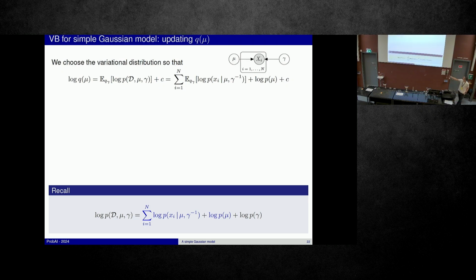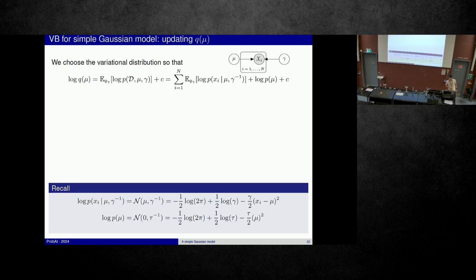Then we have this constant term, which is a garbage bin where we throw all the terms that do not involve mu. In principle, the C you see here is different from the C you see here, but in order not to introduce too many indices, we'll just use the same C throughout.